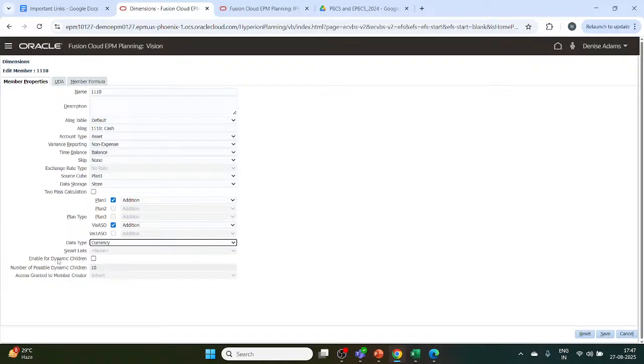So, enable for dynamic children. Dynamic children is a calculation of data here. There are the number of possible dynamic children and access granted to member creator. What is the dynamic children here?